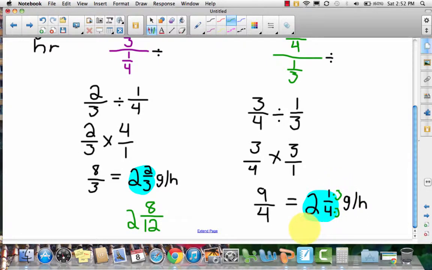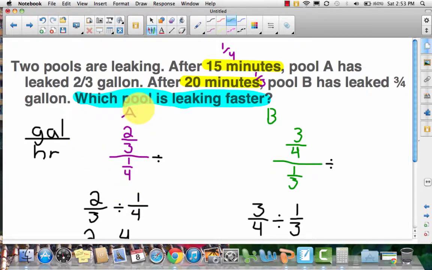So this becomes 2 3/12. And now I can more easily compare my fractions, 2 8/12 versus 2 3/12. Obviously, 2 8/12 is the larger number, so that tells me that pool A is leaking at a faster rate.